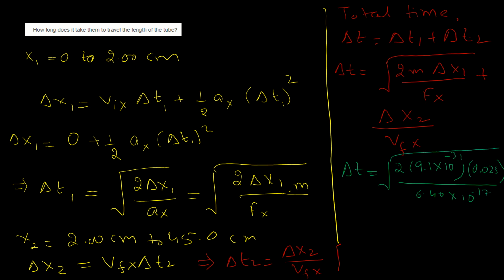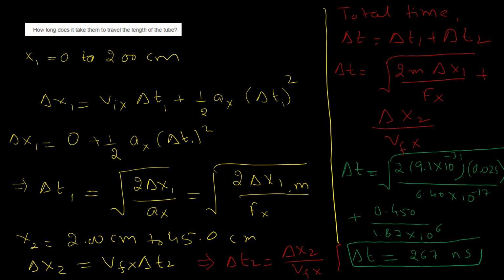This is delta t1, and plus 0.450, which is delta x2, divided by the velocity, which is 1.87 times 10 to the power 6. We just need to calculate this whole equation, and for these values I get delta t equals 267 nanoseconds. Thank you.